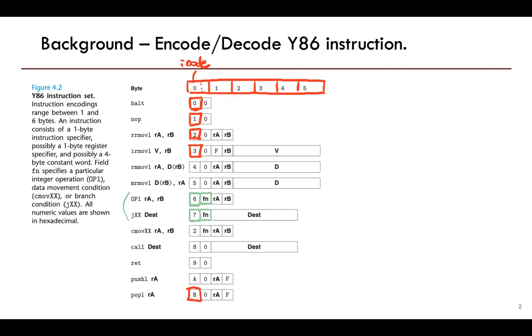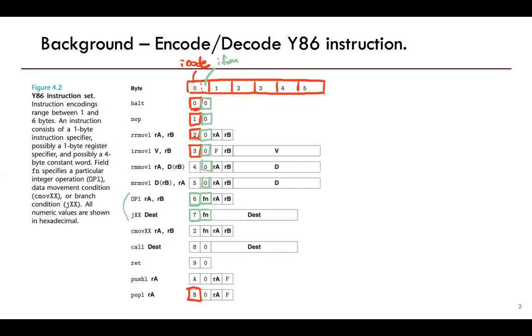But the other instructions don't need this extra ID, because one instruction format corresponds to exactly one instruction, no more than one. Because we don't need it, we just write 0 and ignore these 4 bits when we decode the instruction, right? Okay, good. This part is actually called ifun in the later figure.